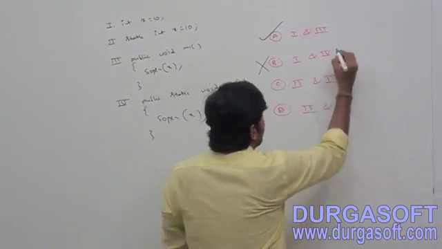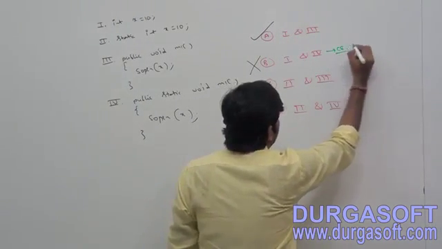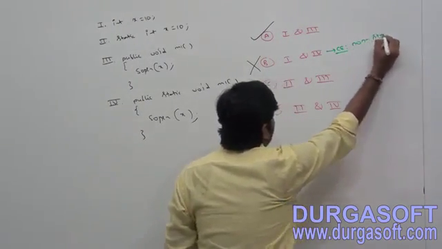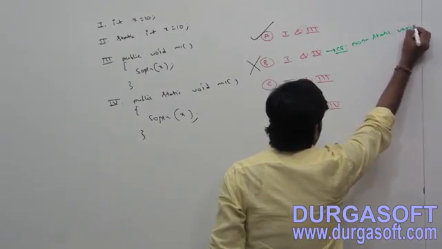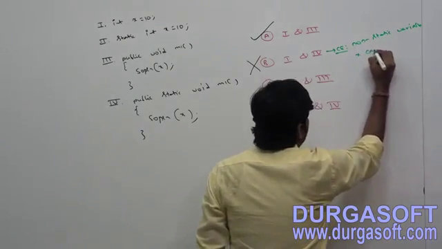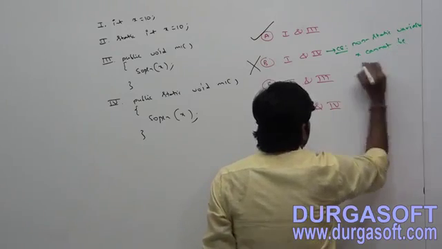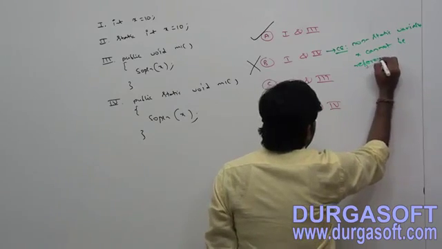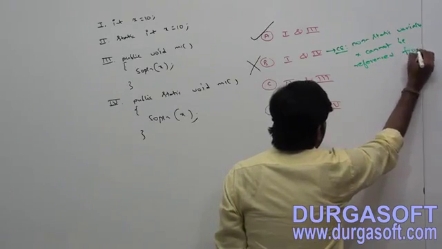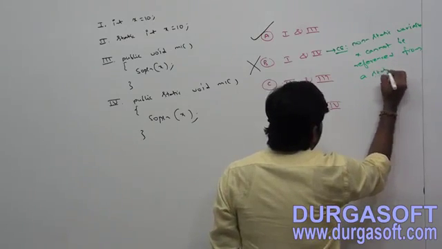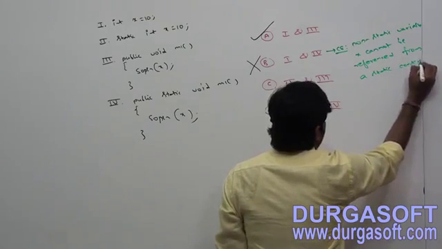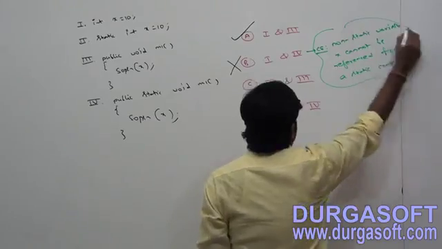Do you know? Compile time error saying non-static variable x cannot be referenced from a static context. We will get that compile time error.